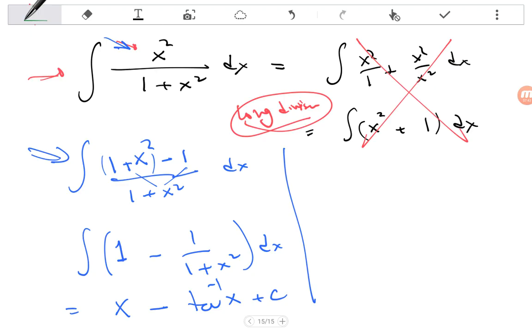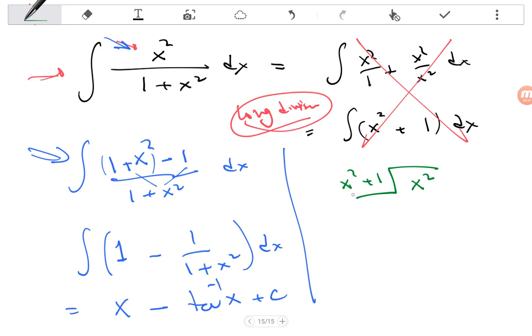How would I make long division for this problem? I just detected that it is a polynomial over a polynomial, and I detected also that the degree of the numerator is exactly the degree of the denominator. So I know that I can use long division. Okay, so let's make long division in this problem. I write x squared here and I write x squared plus 1.